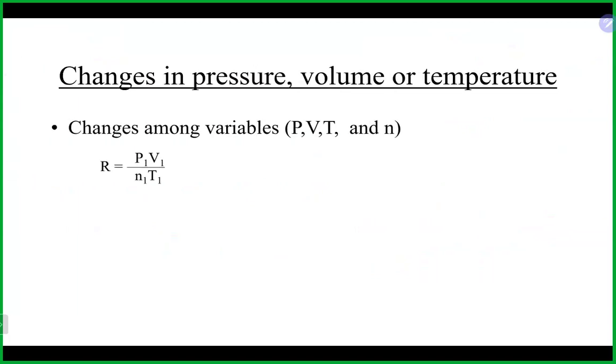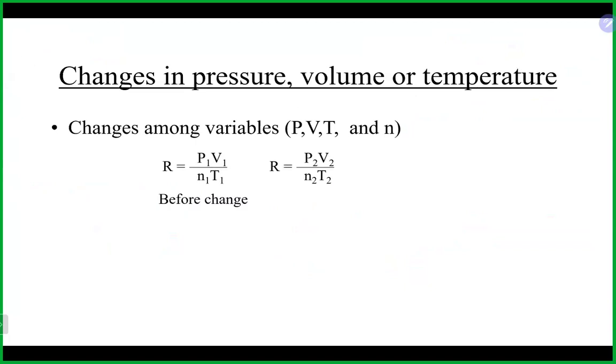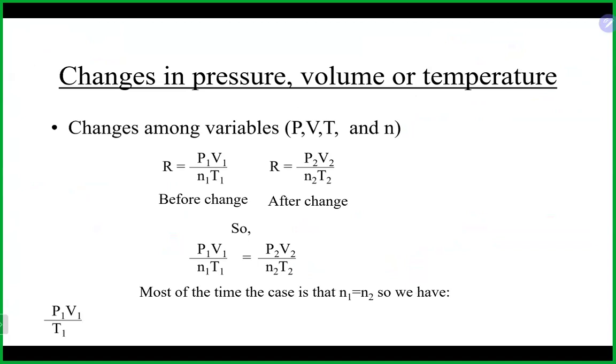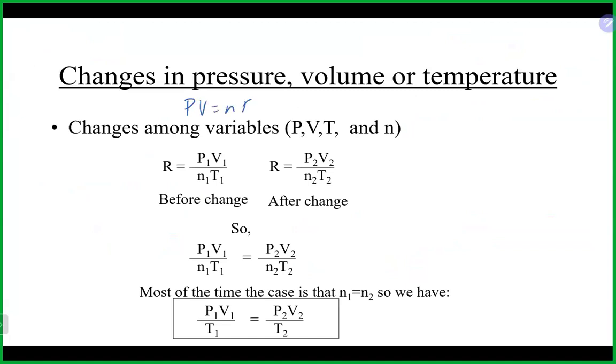All right, the next thing we're going to talk about is changes in pressure, volume, and temperature, pretty much all the variables there. If we take the ideal gas law, PV equals nRT, and because R is a constant, we could solve for R in two situations. Because these numbers are the same, they're equal to each other, so we can set the other part of it equal to each other.